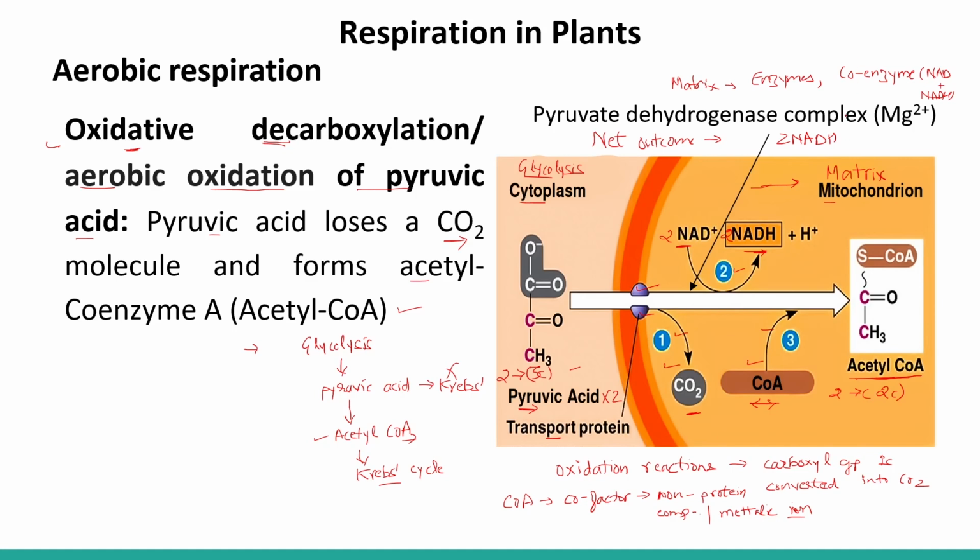Now 1 NADH we know is equivalent to 3 ATP, so this will be equivalent to 6 ATP. This also you have to remember. Now this acetyl coenzyme A produced will enter the Krebs cycle. So this was the end of this session, and we'll be discussing the Krebs cycle later in detail in the next lecture. Thank you very much for listening.